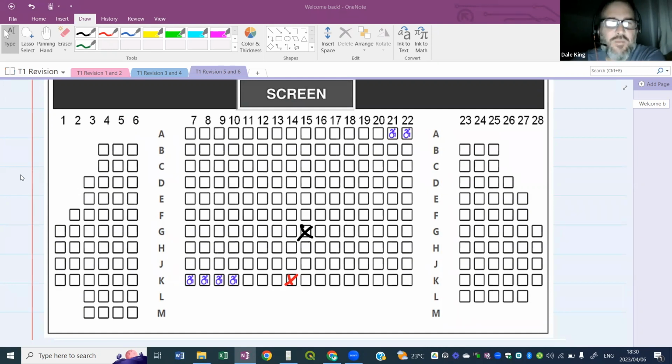All right. Tell us, which seat would you take and why? I would say E14. Because I would be in the middle of the screen. I will be able to see, and plus I feel comfortable in the middle. Really? It's so interesting how people are different. Some people want to be in the middle and some people want to be right at the back. I actually prefer the back personally.